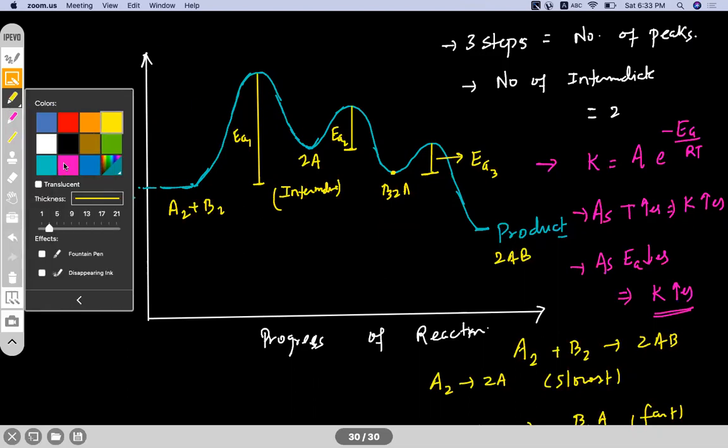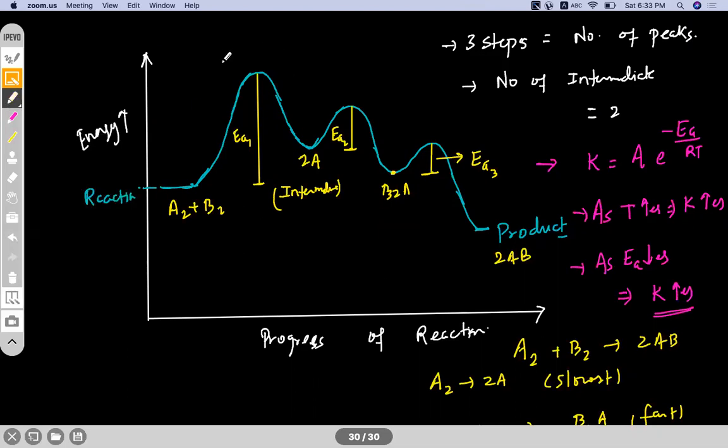If I tell you this is step 1 from here to here, step 1. From this point to this point, it is step 2. And from this point to this point, it is step 3. Tell me, step 1, step 2, step 3. Based on this information, which one is the slowest step?